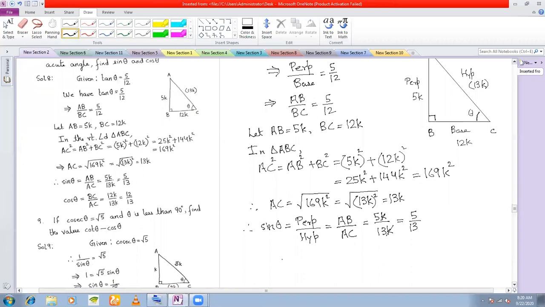And similarly you find out cos theta. Cos theta is base by hypotenuse. Base is BC. Hypotenuse is AC. This is 12K. And AC we have found out as 13K. This is 12 by 13.